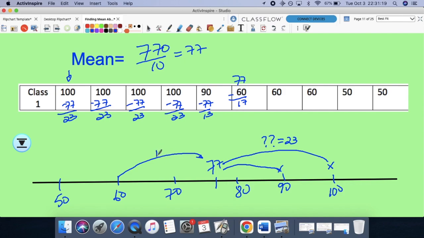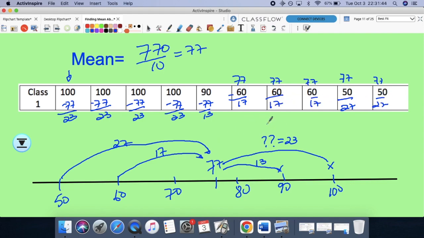So this is 17, this is 13. And then 50 to 77: we do 77 minus 50, we get 27. Let me do the rest, because we have to do all of them. 17, 17, 27. So those are our distances.